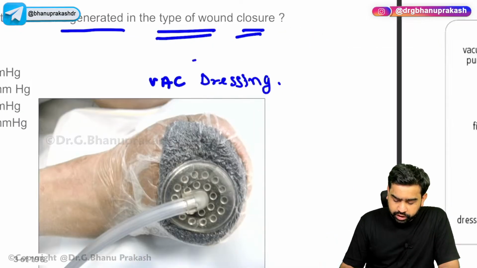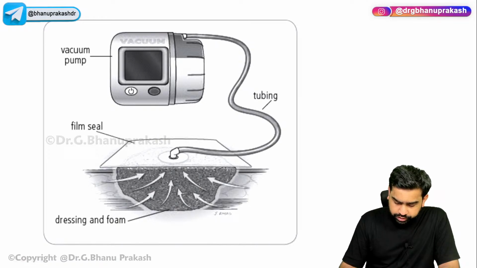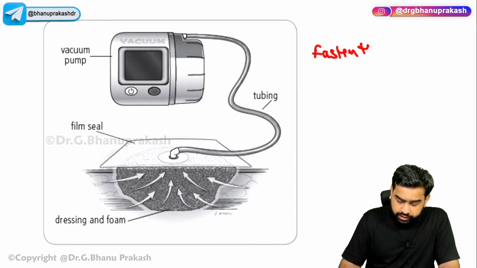Where do you use this vac dressing? Anywhere there is a wound where you need to fasten the formation of granulation tissue.